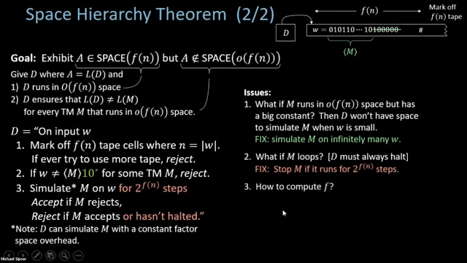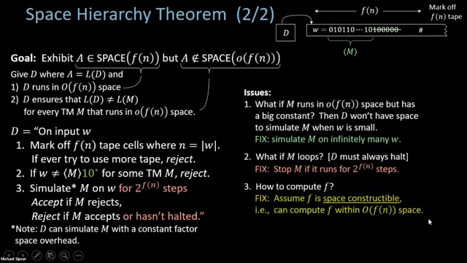And the last thing is how to compute f. So I'll try to address some more questions here in our remaining time. To mark off f of n cells, we also have to compute f. I didn't think any of you asked that question, except maybe at the very beginning about f being a computable function. Certainly f is going to have to be computable, but not only does it have to be computable, it has to be computable within the space bound.